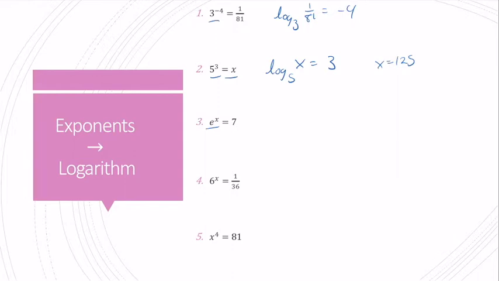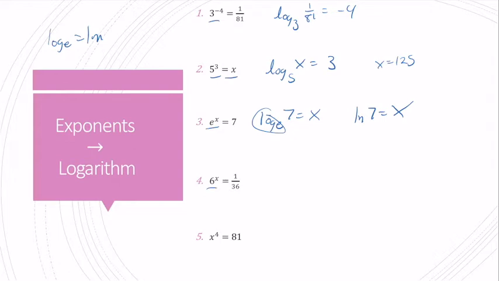If e to the x equals 7, that means log base e of 7 equals x. Friendly note, log base e is the natural log, which I think I might have talked about in the last section. So I'd have natural log of 7 equals x.